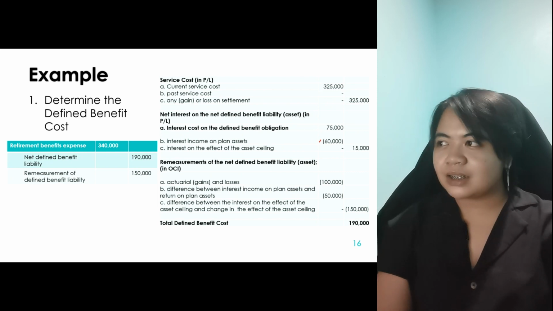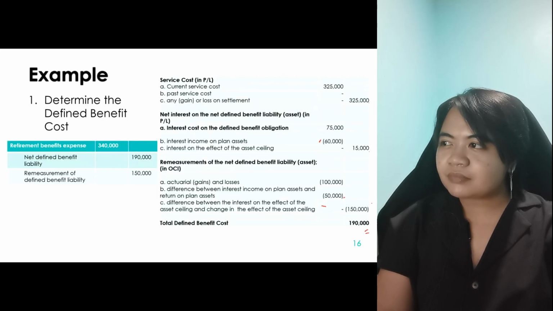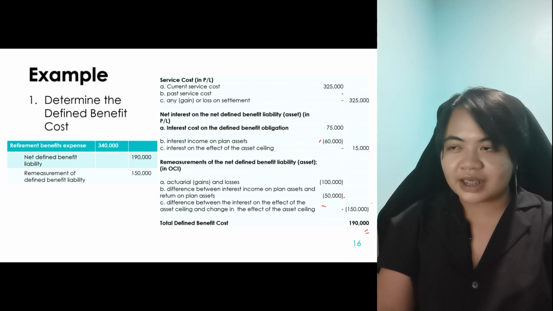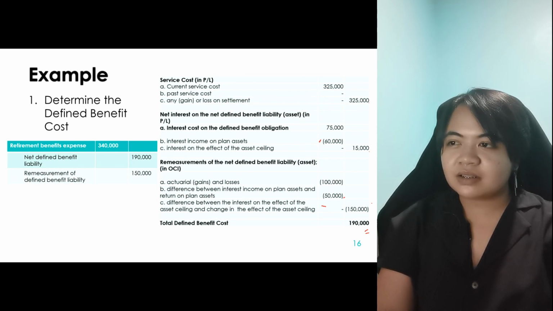How do you journalize for that? Debit, retirement benefit expense, 340. Alin yun? Okay. 340 is your, this one. Pag pinag-add mo yung 325 at saka yung 15. Okay? So, that's your retirement benefits expense. Okay? Net defined benefit liability, this one. Okay, the defined benefit cost na 190, and then your remeasurement, syempre ito, 150.